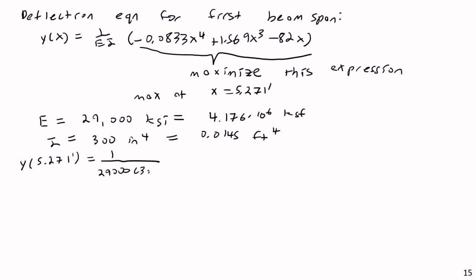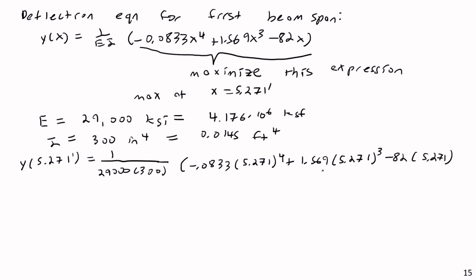Again, just plugging and chugging at this point. 29,000 times 300 times negative 0.0833 times our distance, 5.271 to the fourth power plus 1.569 times 5.271 to the third power minus 82 times 5.271. And when I did that, I found a deflection equal to negative 0.0042 feet.